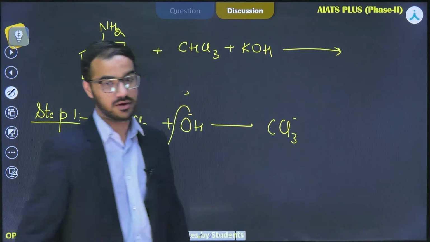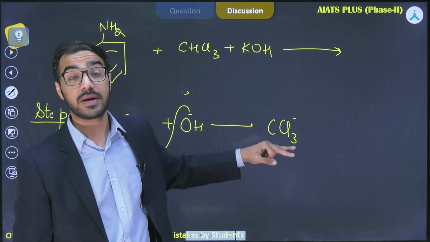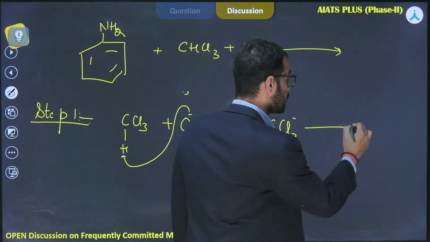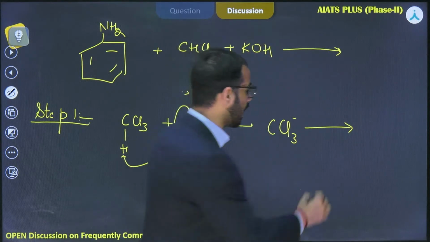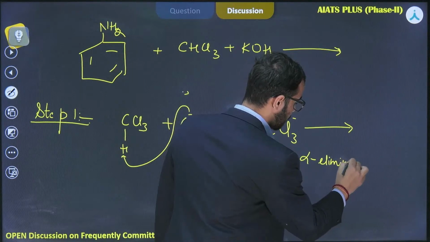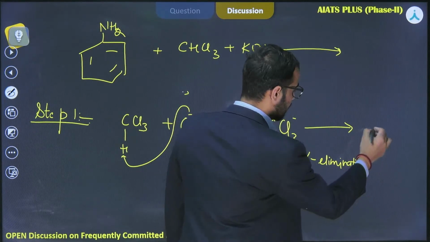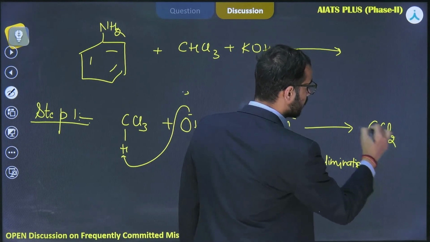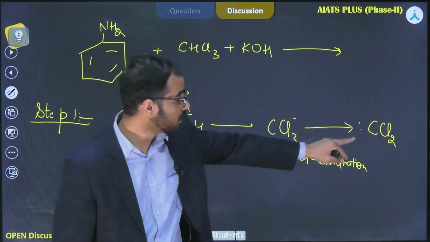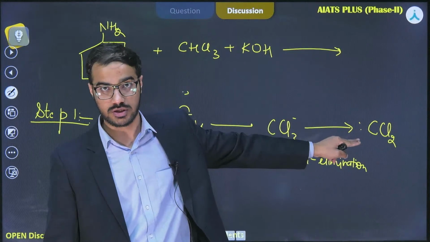And we can say that you will be having CCl3 negative, and after CCl3 negative is formed, it will be very much stabilized, but you can show that this will undergo an alpha elimination, yielding CCl2 with a lone pair. Always remember, these are not lone pairs on the species.